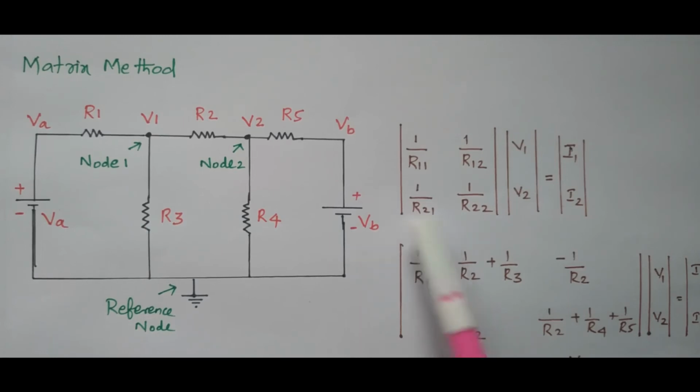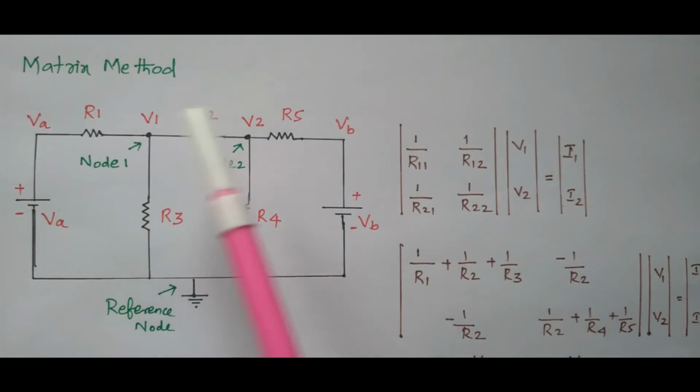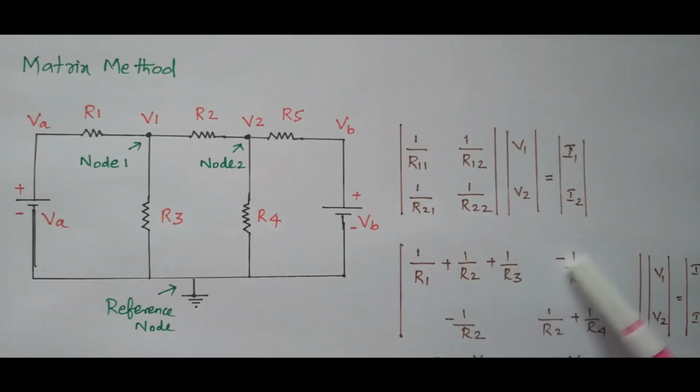The resistor connected between the second node and first node. Both are the same, nothing but R2. So minus 1 by R2. Right? So R12 and R21 are also calculated. Other than the diagonal, these elements are negative. We need to follow the procedure: other than the diagonal, we need to put a negative sign.